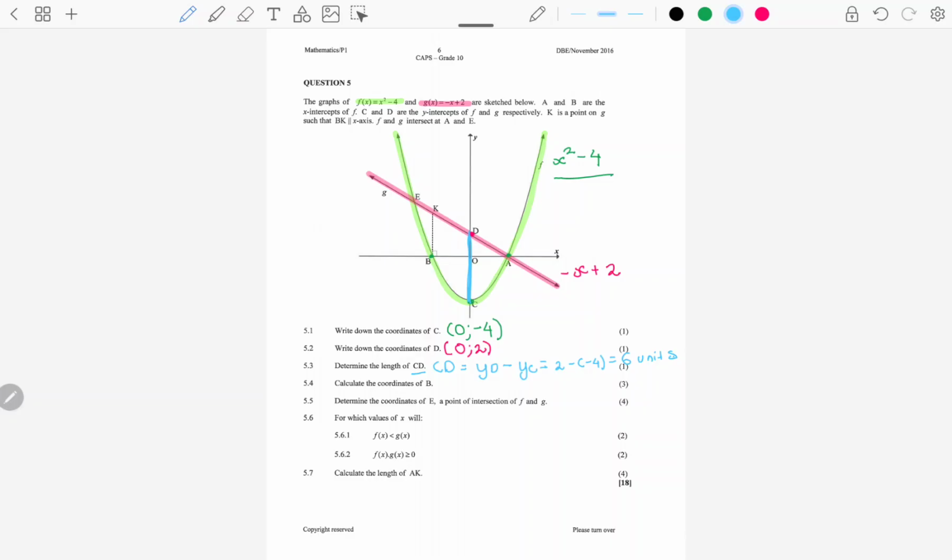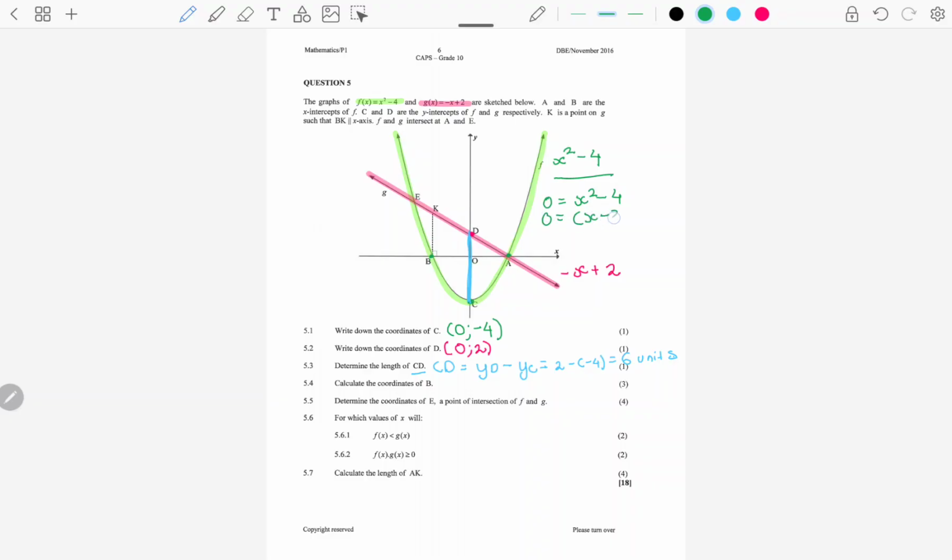Now they want us to calculate the coordinates of B. So B is an x-intercept of the green graph. In order to find an x-intercept, we make y the value of 0. Therefore, 0 will equal x squared minus 4. And we have to factorize this since it's a parabola.